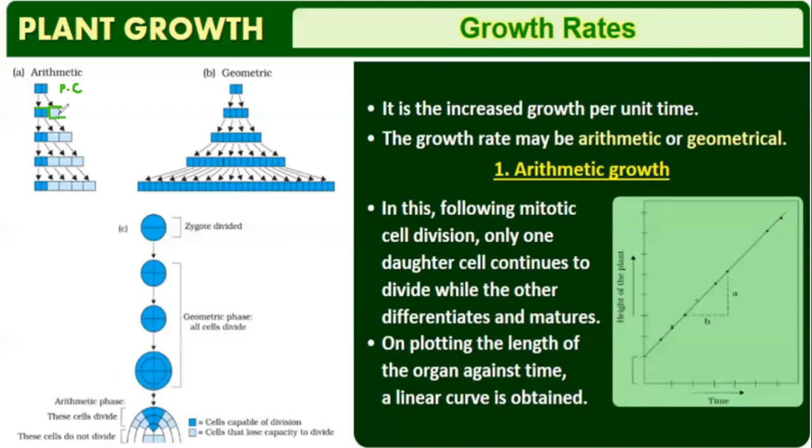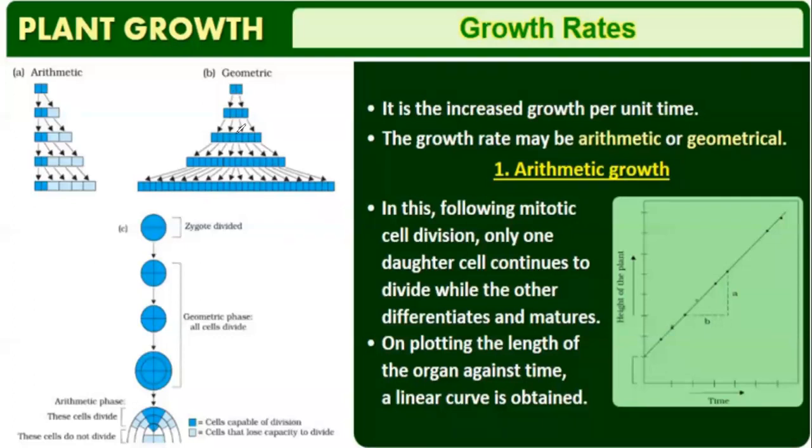This part gets matured or differentiated and stops dividing, and at last this part divides into two. Again, two parts are formed, so three parts are formed, out of which two get matured. As a result, only a regular increase is obtained in arithmetic growth rate, and the graph is a regular graph. And look at the case of the geometrical growth curve.